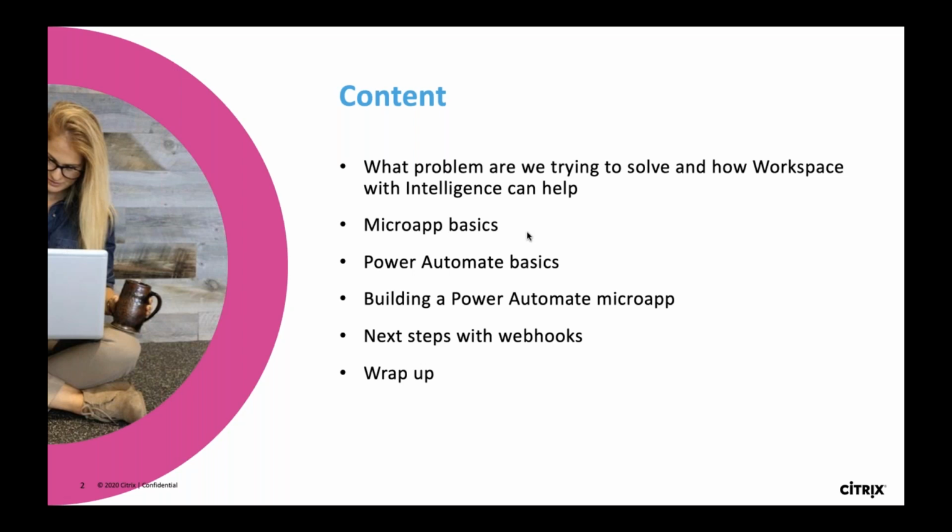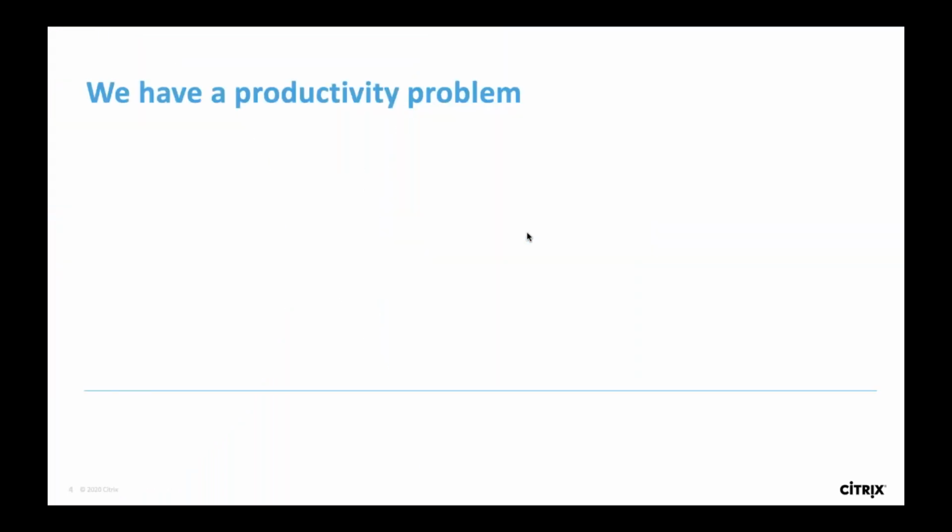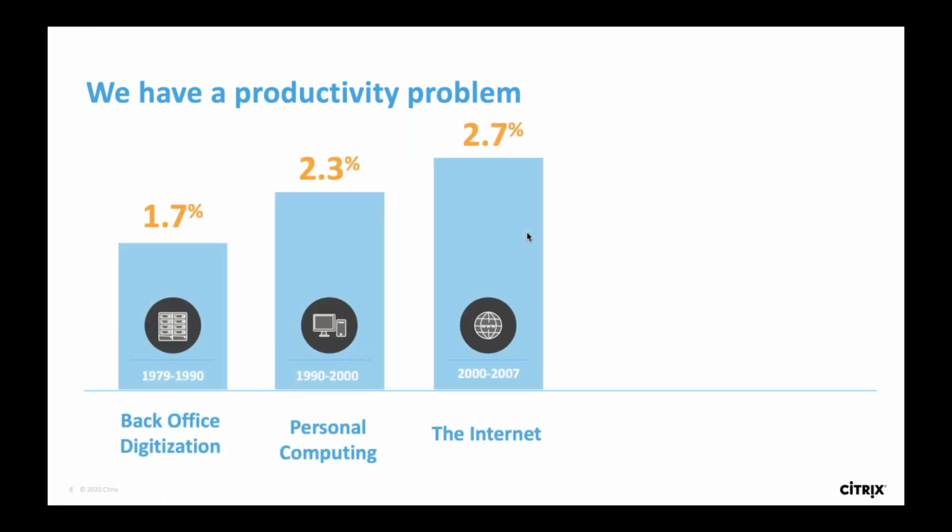Okay, so Tom, what's the underlying problem here? What are we trying to solve for? Sure. So the problem we're trying to solve is one of productivity. This graph here shows the improvement in productivity we've seen with various technological shifts. Over time, as new technologies have come along, they've increasingly sped up the rates of productivity gains that we've seen, from personal computing through to the internet.